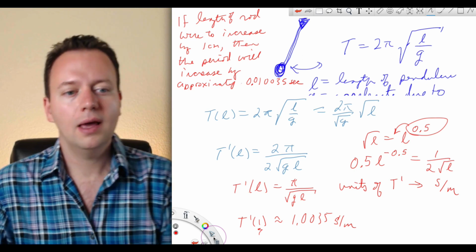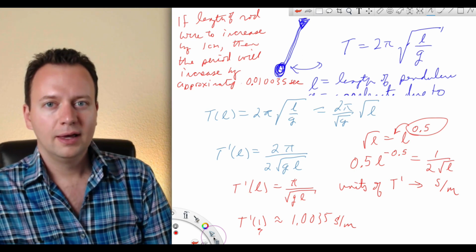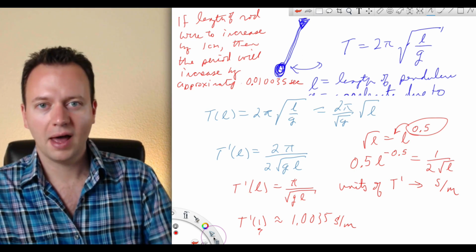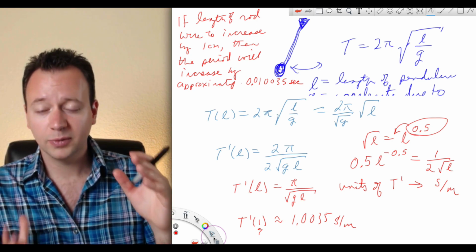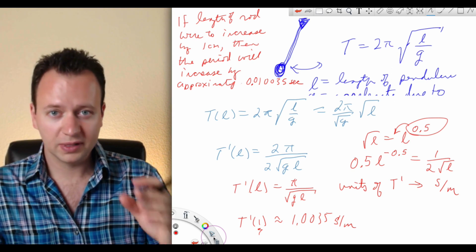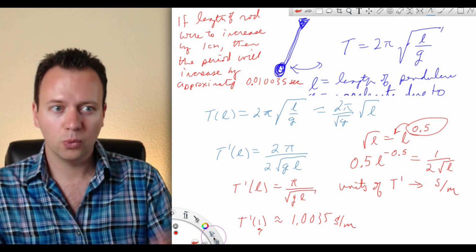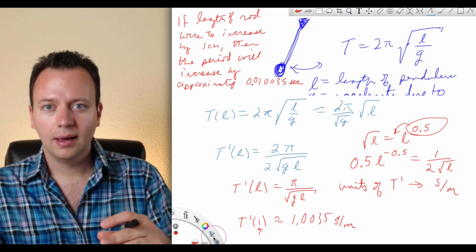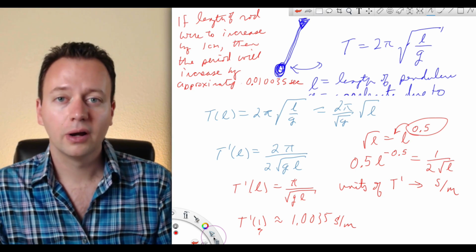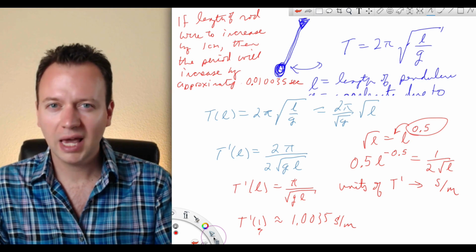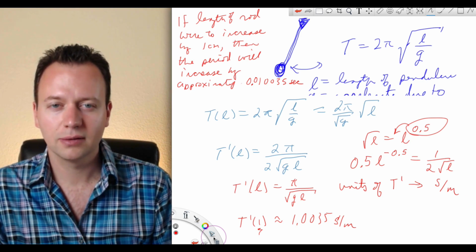So this would be suitable, for example, if you have a tall skyscraper and you have a grandfather clock and an elevator. Now the clock has a specific pendulum rod with a specific length. Let's say the length is 1 meter. But as you move from the ground floor to the top of the skyscraper, you're going to have a slight change in the gravitational acceleration.